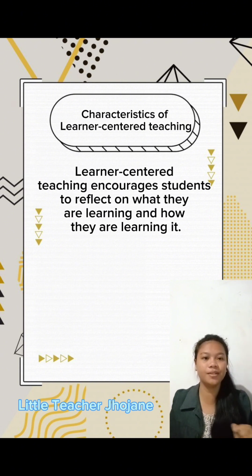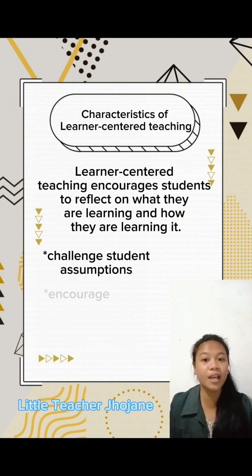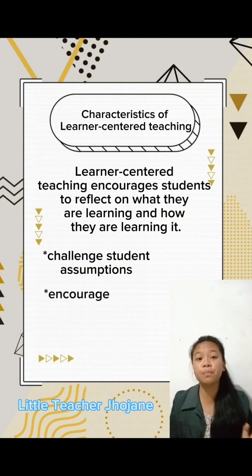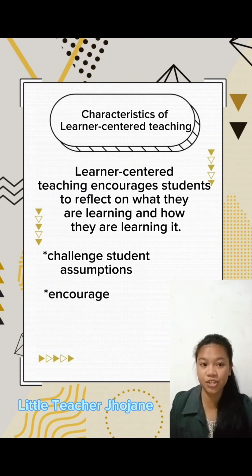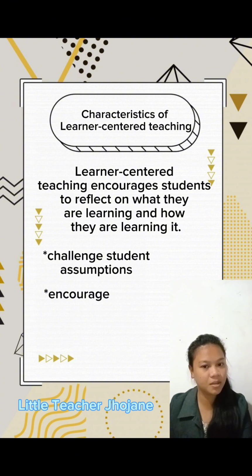This third characteristic challenges student assumptions about learning and encourages them to accept responsibility for decisions they make about learning, like how they study for exams, when they do assigned reading, whether they revise their writing or check their answers.